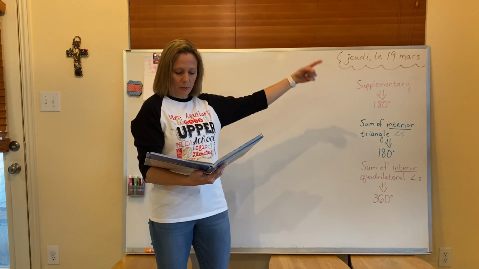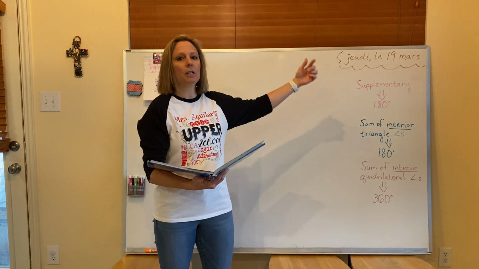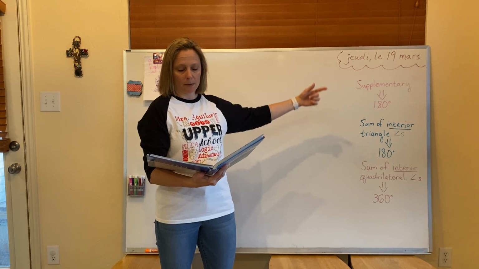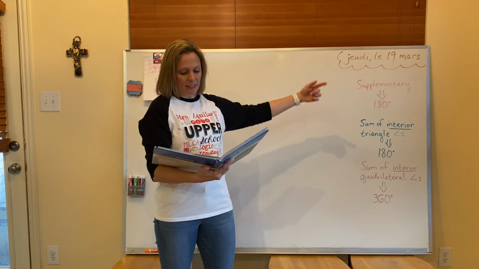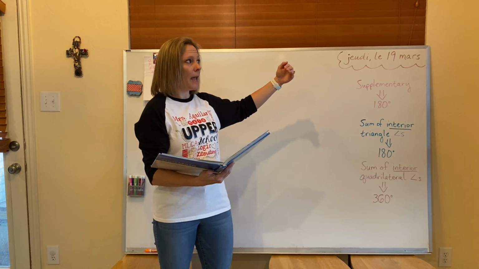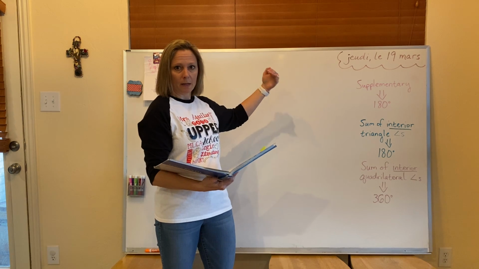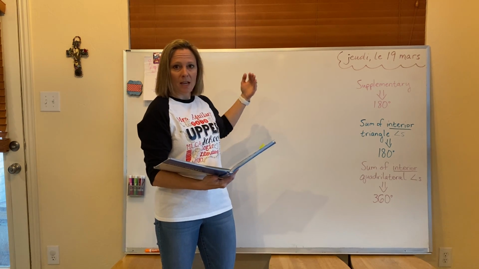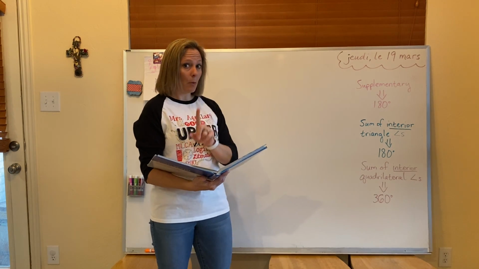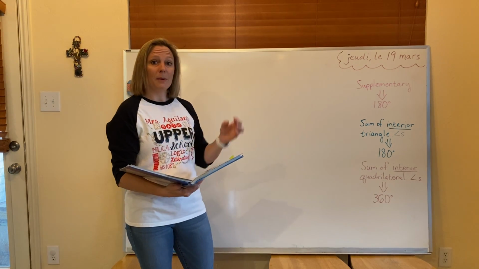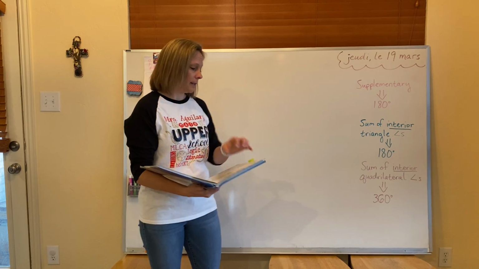So all of those are actually exterior angle measurements, okay? So what this is telling us is the sum of all of the exterior angle measurements of any shape is 360 degrees, okay? However, that's different from interior angle measurements.